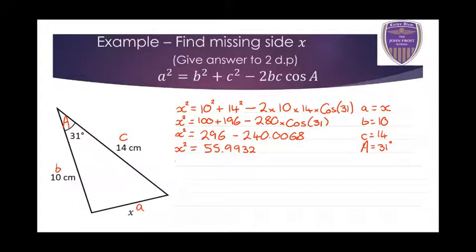And then last bit now, the opposite of squaring X, we need to find the square root of the other side of the equation. So square root of 55.9932 gives us a value of X equals 7.48 centimeters. Okay, and that's your final answer for this.